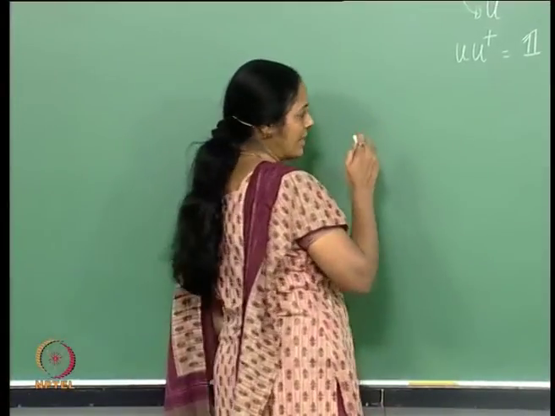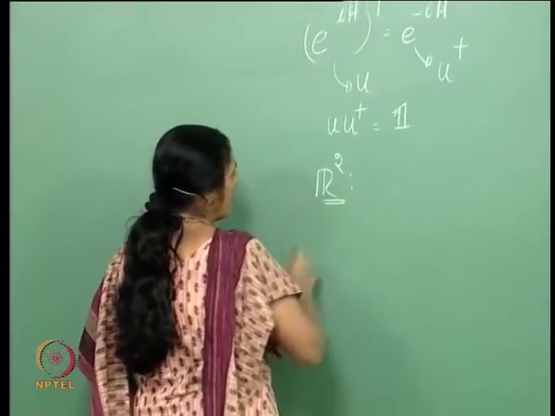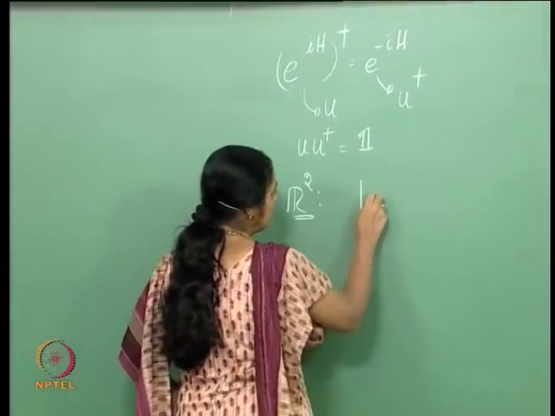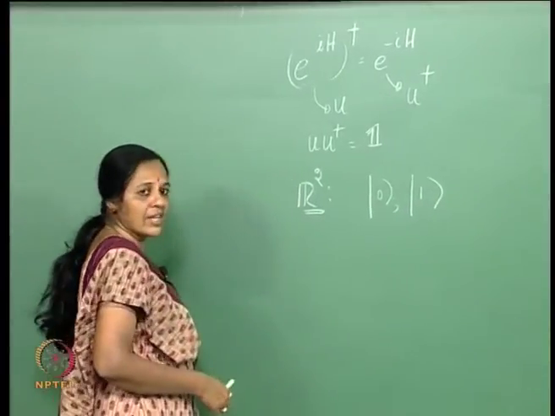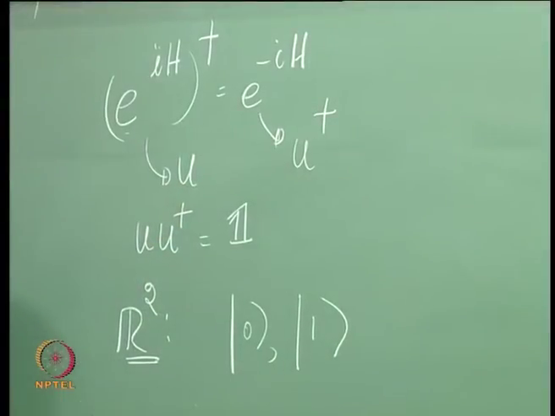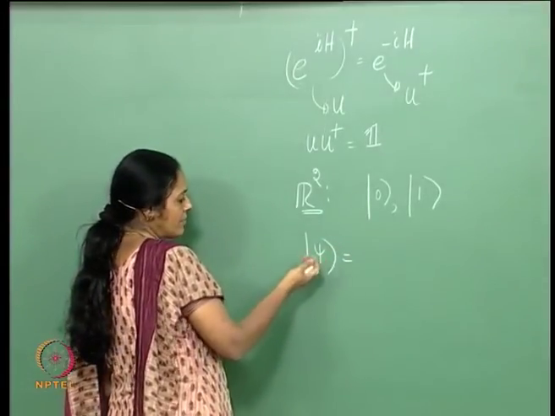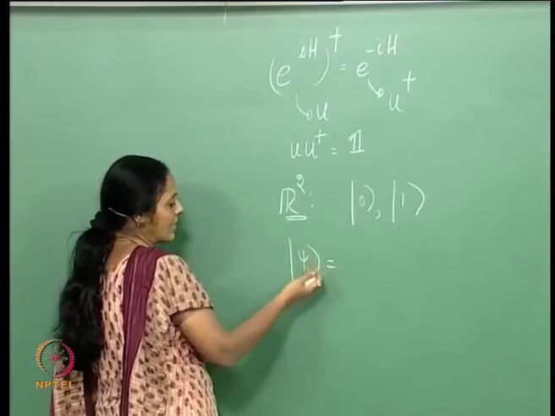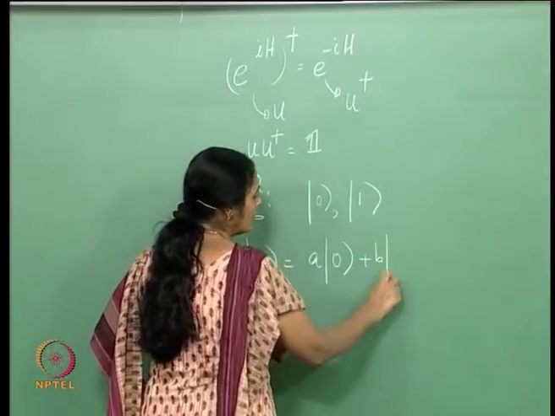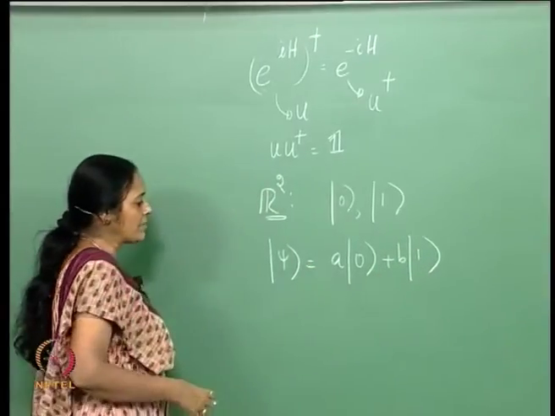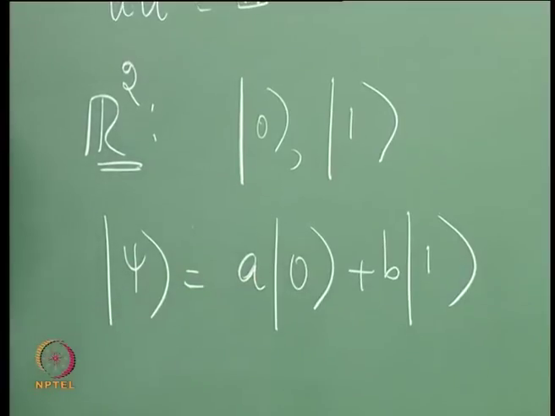In the following sense, that even if you look at the example that I had, R2, where I had ket 0 and ket 1 as the basis states, I can form in general some state, I will call it ket psi, as A times ket 0 plus B times ket 1, and this is a superposition of the basis states.